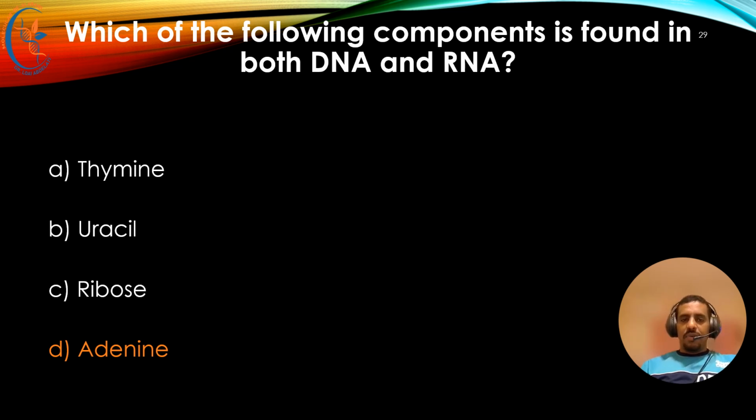Thymine is found only in DNA, uracil is found only in RNA, and ribose is found only in RNA. DNA has a deoxyribose instead, and adenine is present in both DNA and RNA as one of the nitrogenous bases.